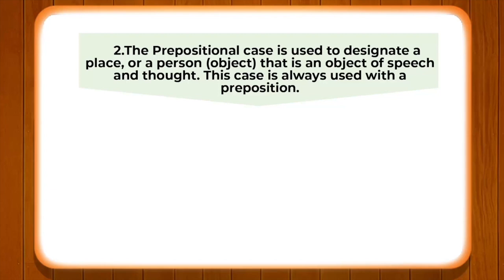Likewise, мой брат идет на стадион. Or we can say где играет мой брат? Мой брат играет на стадионе. In this case, you can see the preposition на has been used.